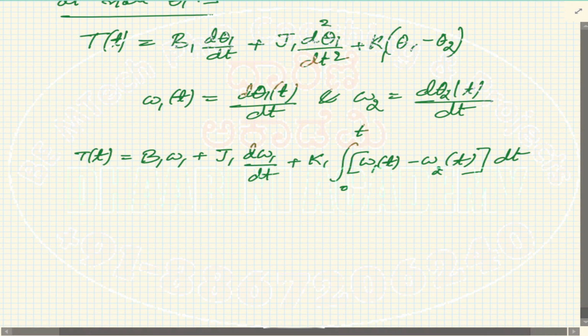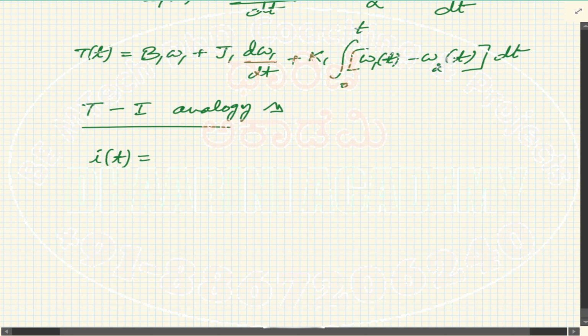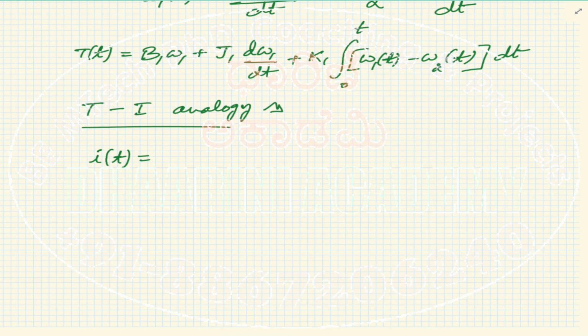Before that, let's directly apply the torque current analogy. By applying the torque current analogy, torque will be replaced by the current, so this is T of t, right? In the current analogy we know that input will be a current, so this is the current source connected.